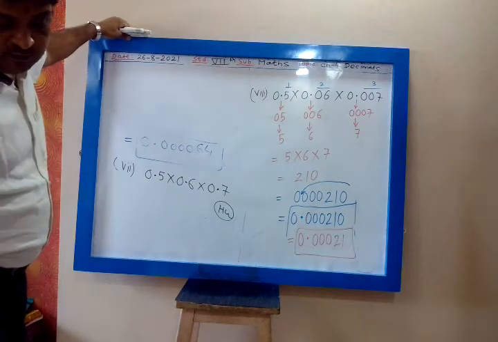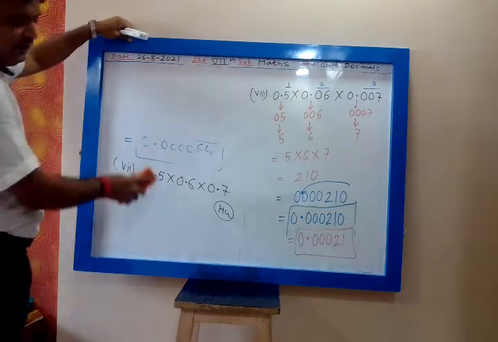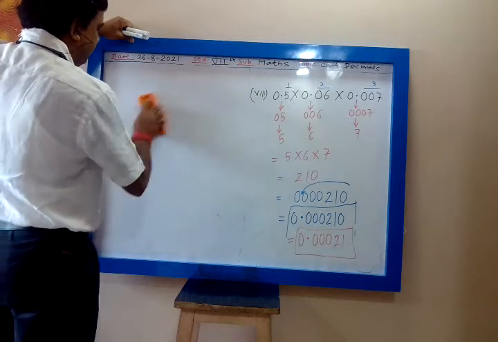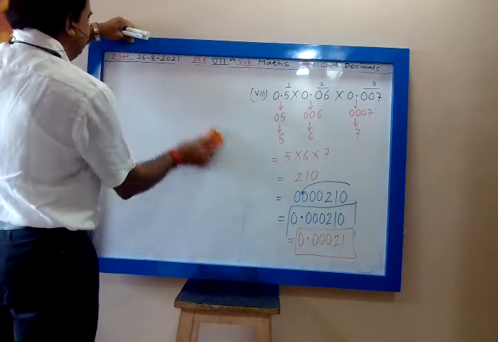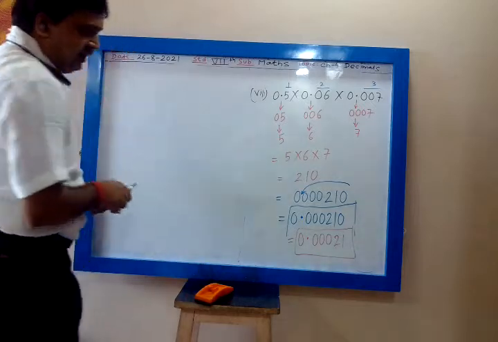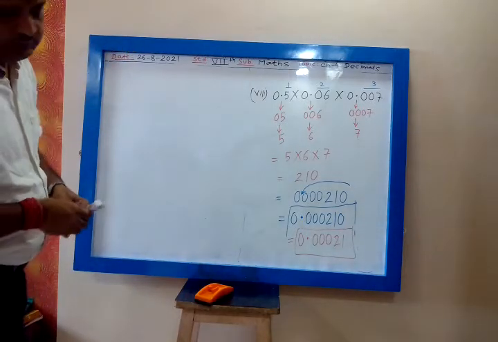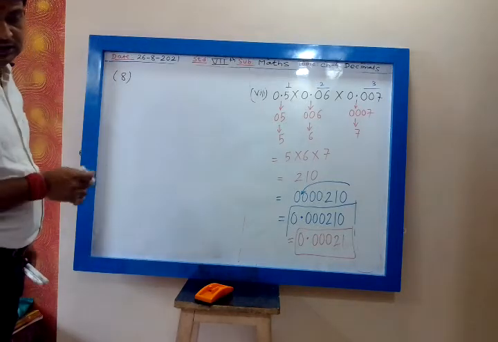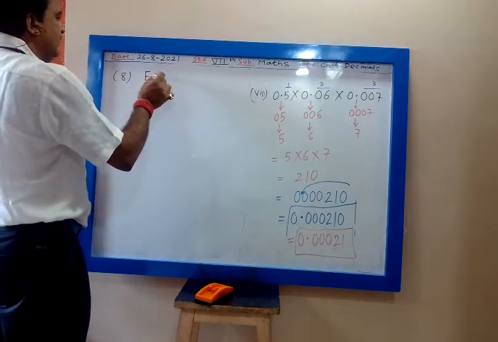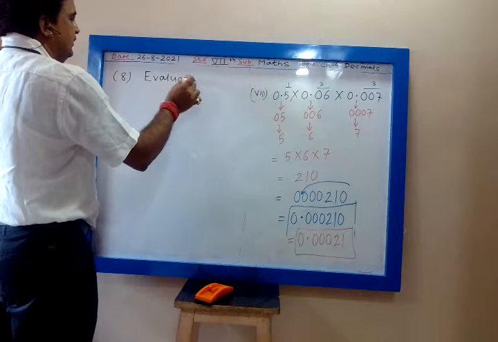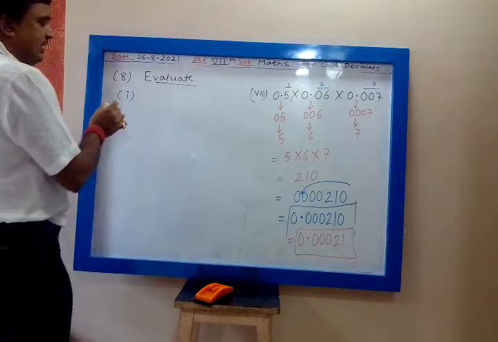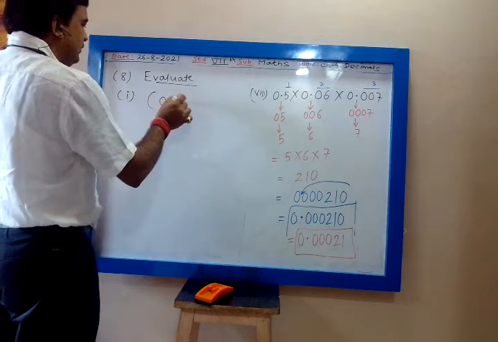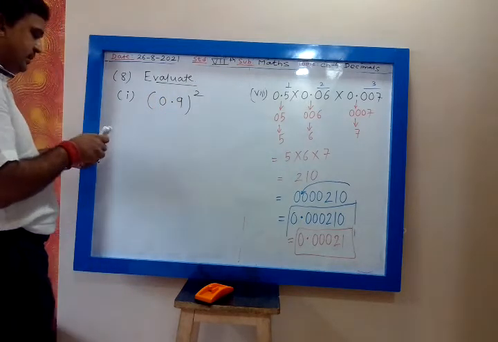So this completes the multiplication. Now the eighth one. Evaluate. First it is 0.9 to the power 2. This 2 is called my power.